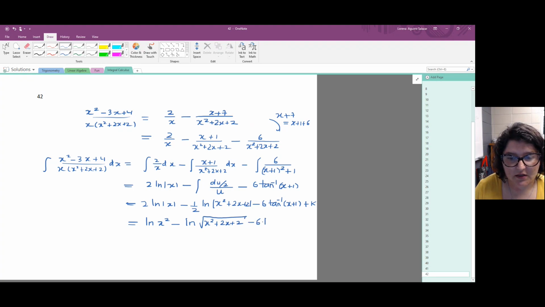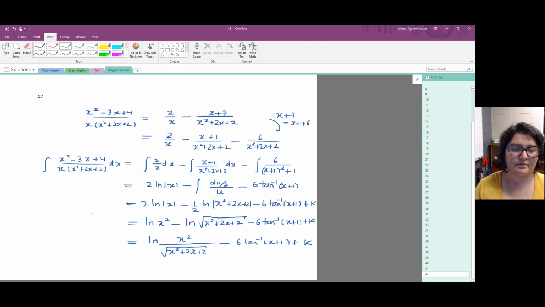And then minus 6 times the inverse tangent, or arctan, of x plus 1. So we have the ln of x squared over the root of x squared plus 2x plus 2, and then minus 6 times inverse tangent of x plus 1 plus an integration constant. And that's the final answer.